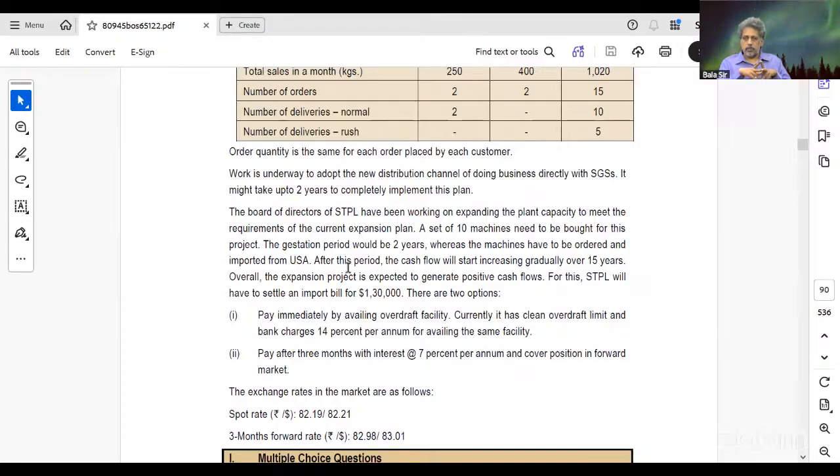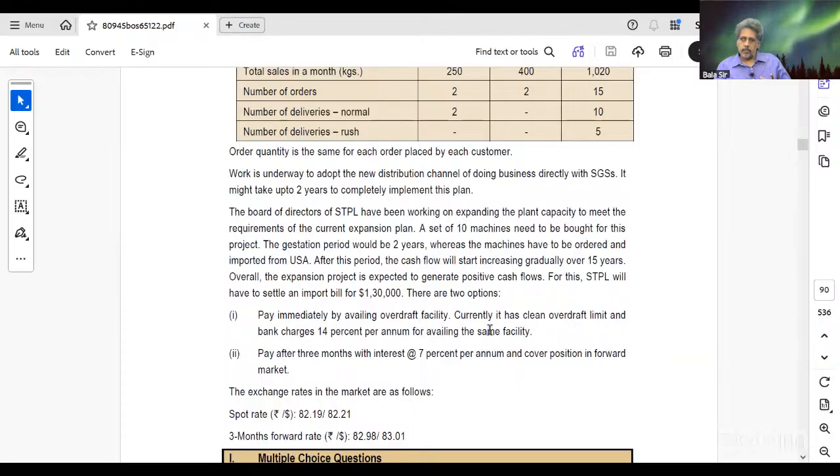For this, STPL will have to settle an import bill for $130,000. Right now the company has to settle this import bill, and there are 2 options available. Option 1, pay immediately by availing overdraft facility. You can ask the banker to lend money by arranging an overdraft, and pay the $130,000 immediately.